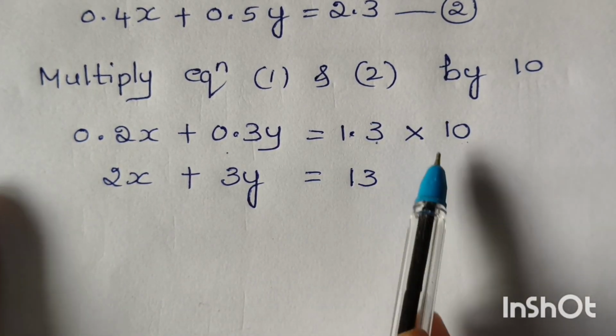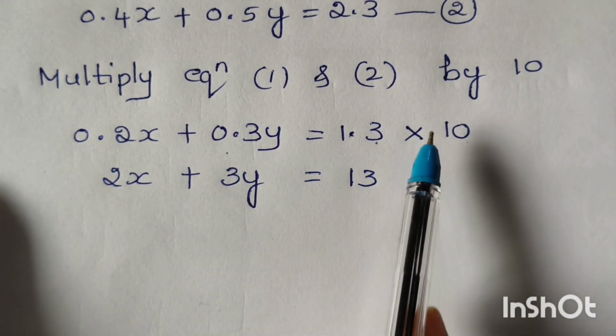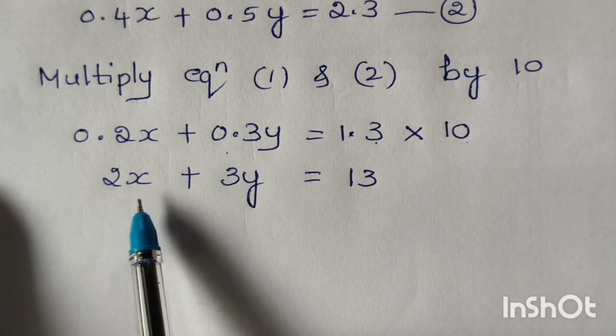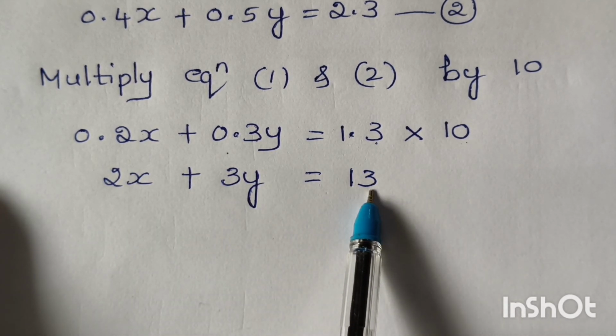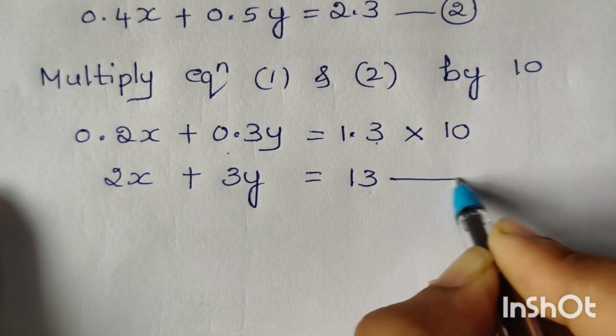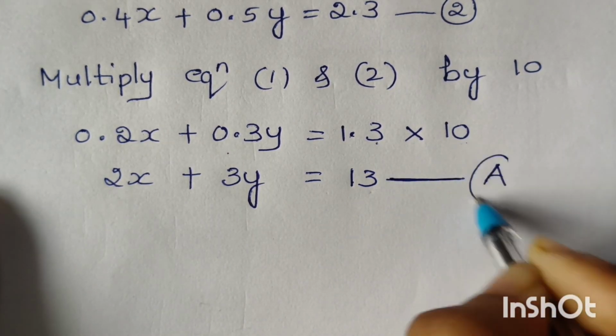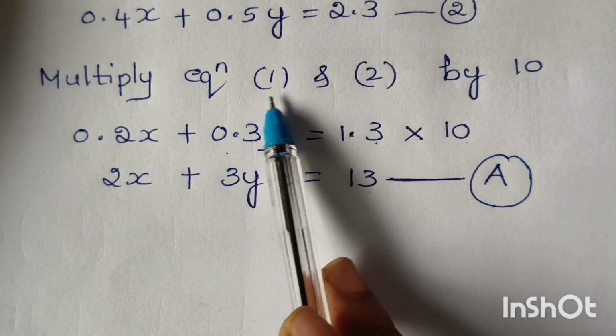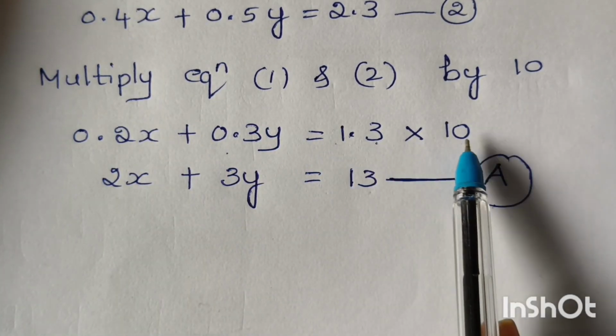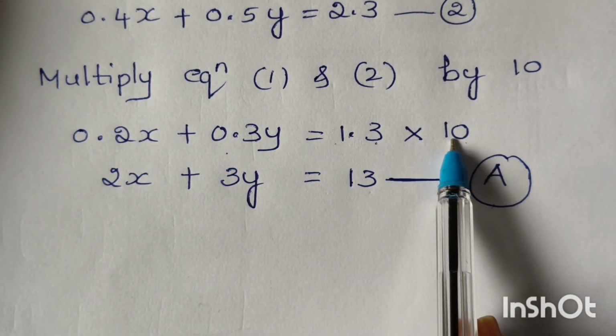When we multiply equation 1 by 10, we will get 2x plus 3y is equal to 13. Let me consider this as equation A. See this carefully. We have simplified equation 1 by multiplying by 10 to make our calculation easy.